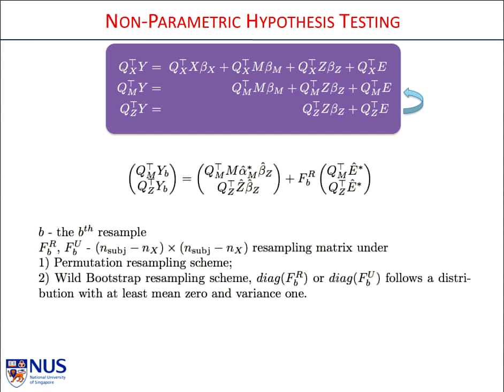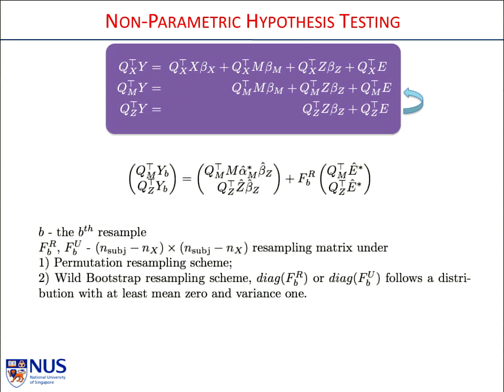But certainly you can do other ways of permutation, because permutation still requires the exchangeability of these residuals. If the residuals are not exchangeable, then you cannot do a permutation test. The other way to overcome this is to use, for example, the wild bootstrap.